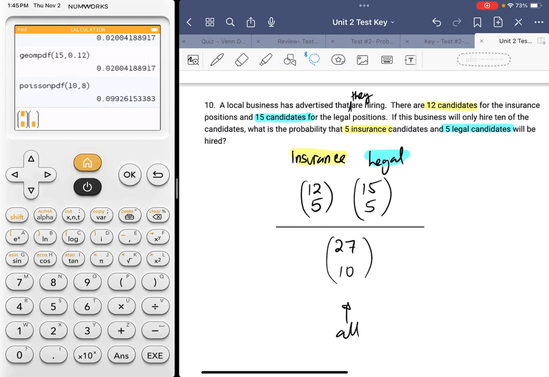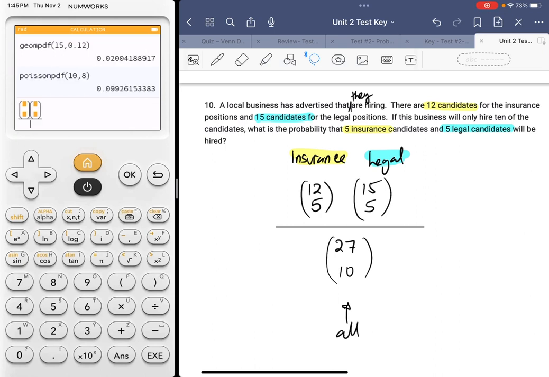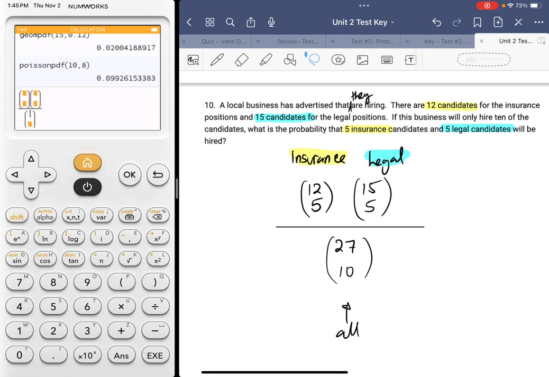All right, so we're going to create a couple of combinations and then put it over another combination and then just run through with the 12, the 5, the 15, the 5, and the 27, and the 10. And again, I didn't say it in this video, but this number is the sum of these two values.